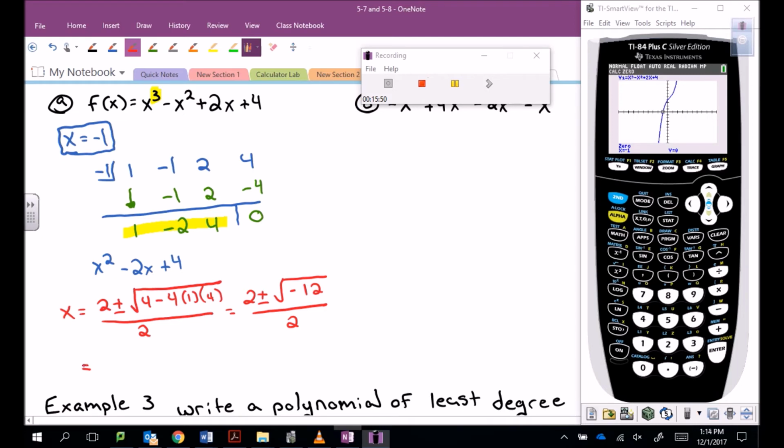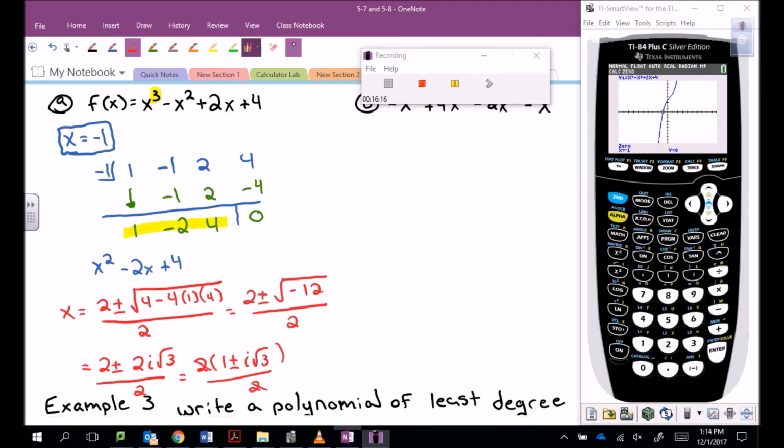When I do that, I'm going to get 2 plus or minus 2i square root of 3, all over 2. I pull out the GCF of 2 on top, and I can cancel out those 2's.